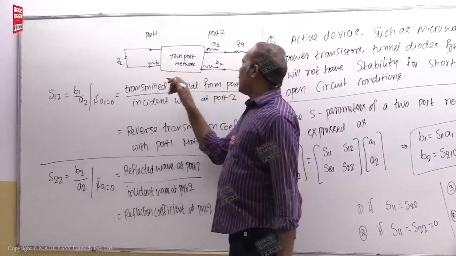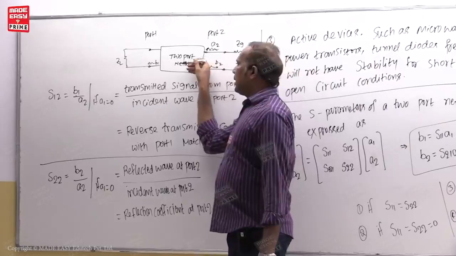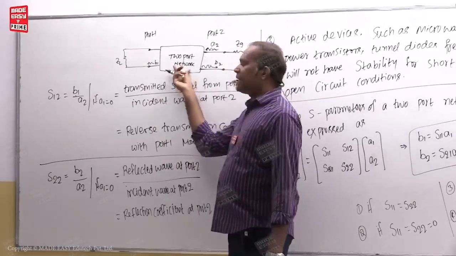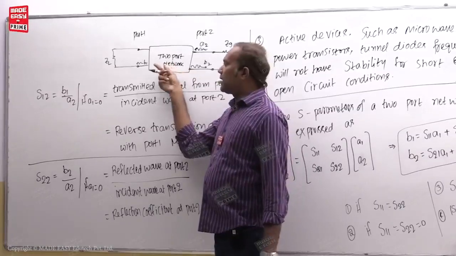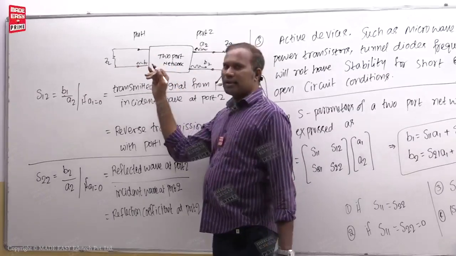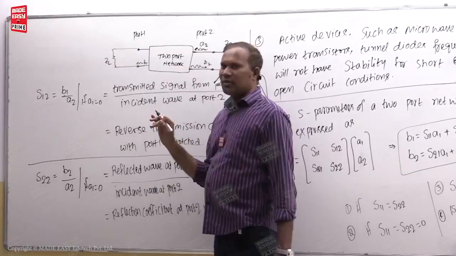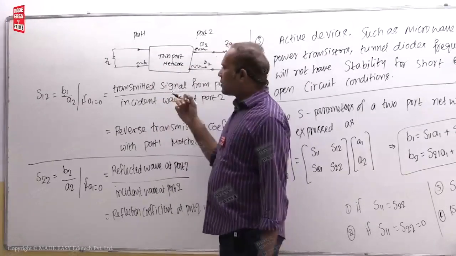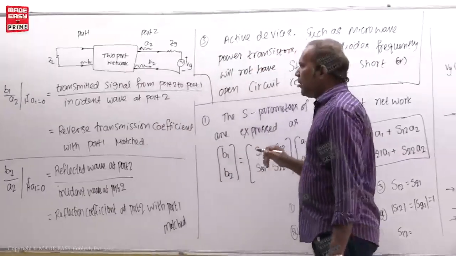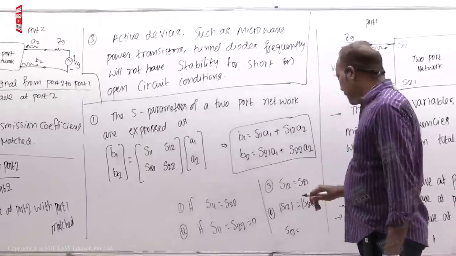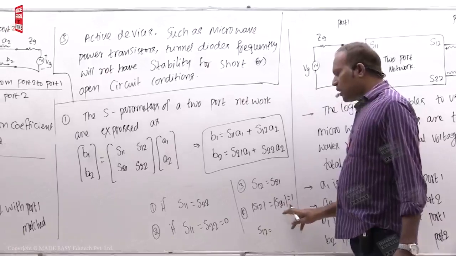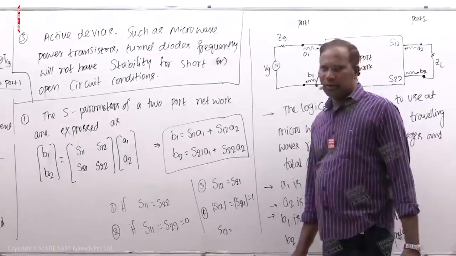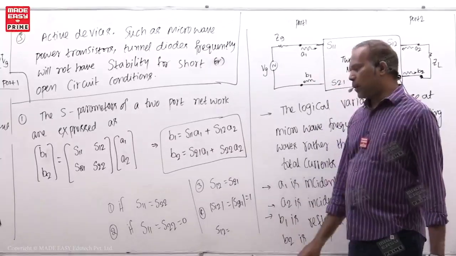That means whatever is incident here, the entire signal is transmitted here. That means there is no loss here. If loss is there, the total signal cannot transmit, a lesser value transfers. So that is the lossless network. And S12 is equal to S21 means that is reciprocal also. So this is a lossless and reciprocal network.